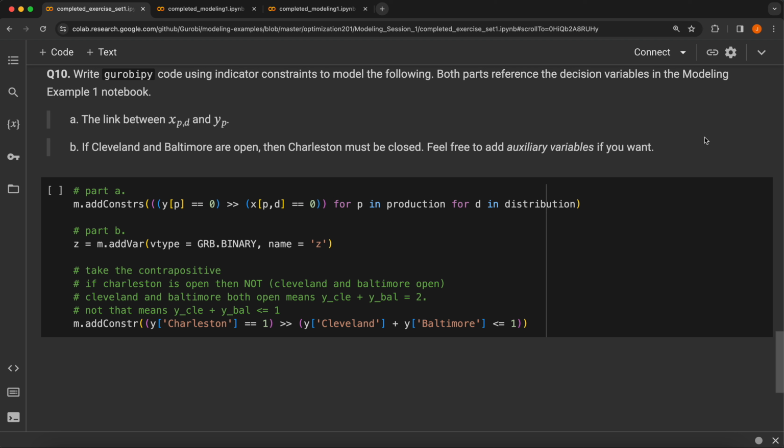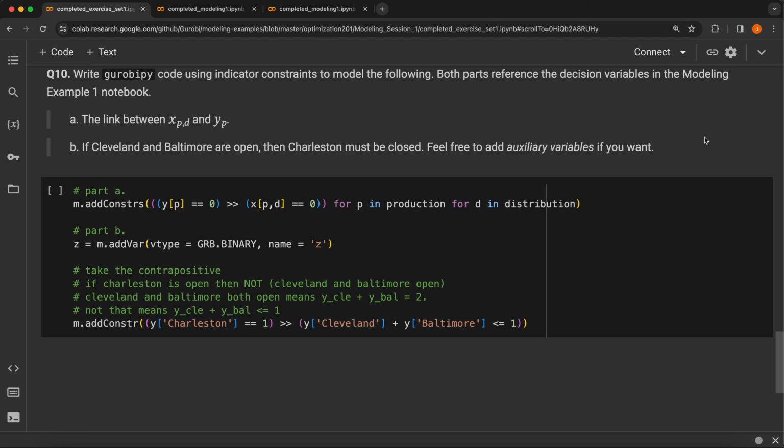Cleveland and Baltimore both being open means both binary variables are 1, so y Cleveland plus y Baltimore equals 2. If that's not the case, then given they're both binary variables and can only take 0 or 1, their sum is less than or equal to 1.